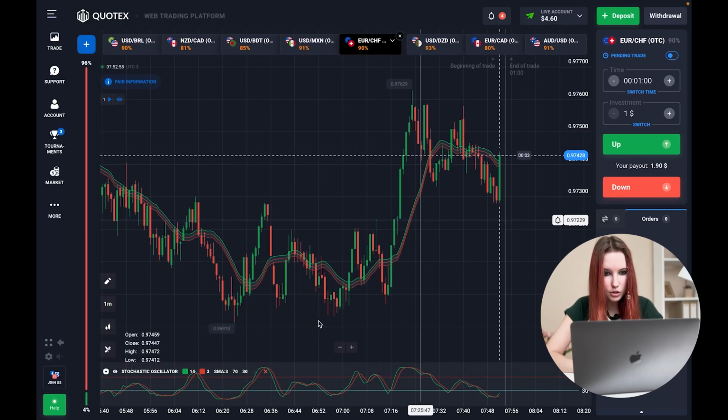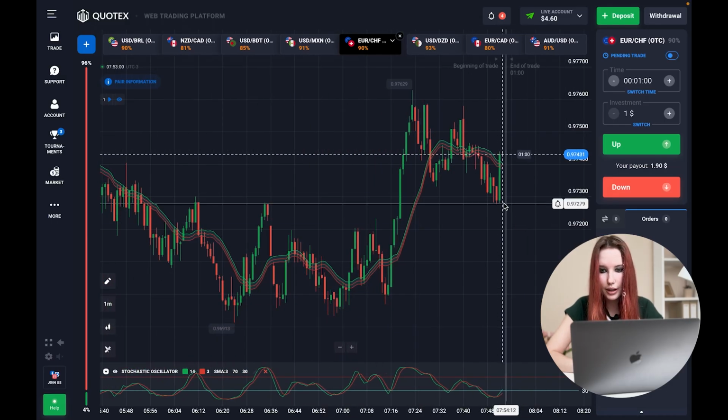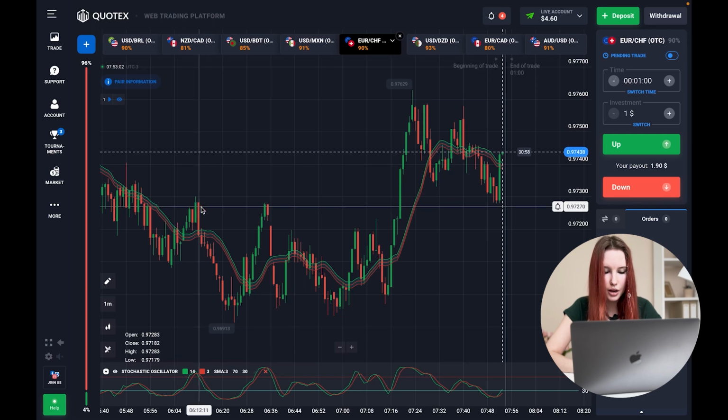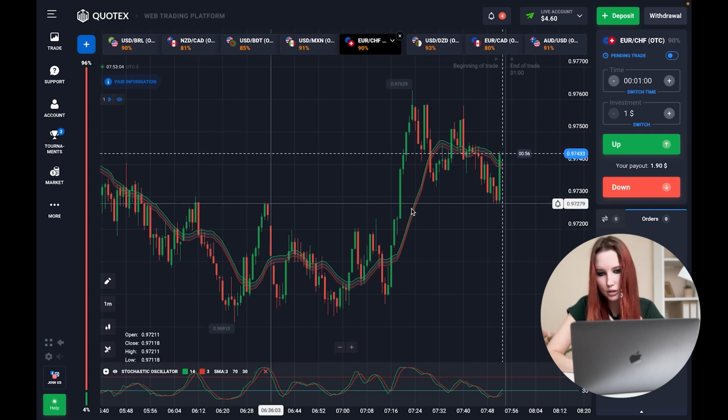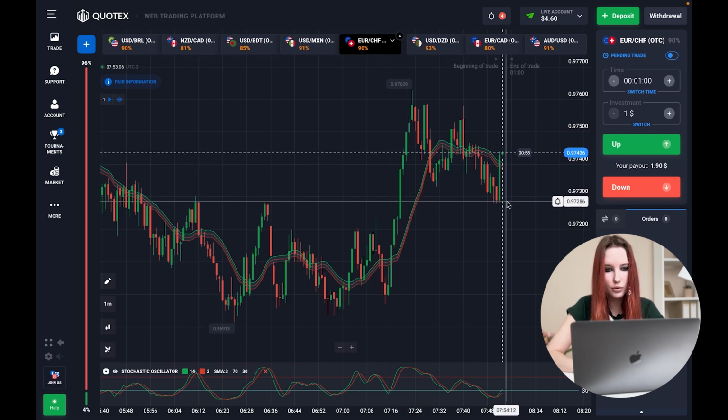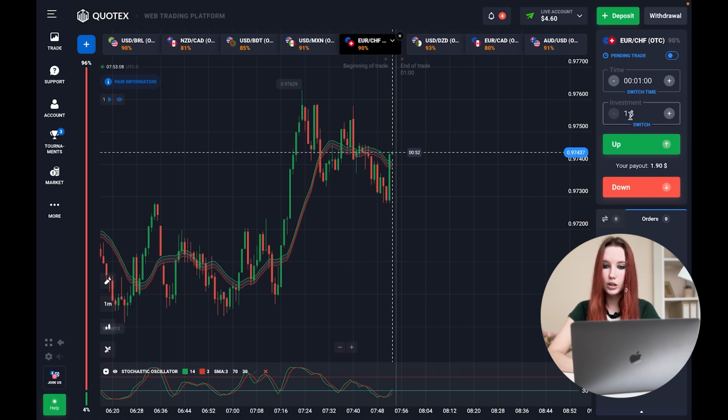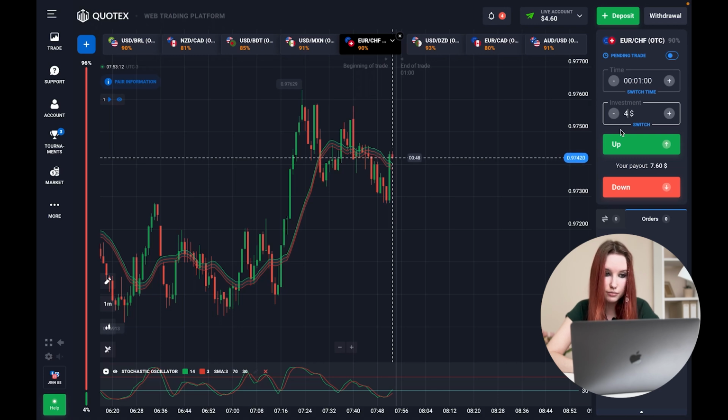Well, let's see here. Alright, look, it's a very interesting situation. The candle has reached the support level. Earlier it was a resistance level, but then this level was broken and now it's a support level. I think that the price will continue its movement, so I open a trade for $4 up. Let's go.